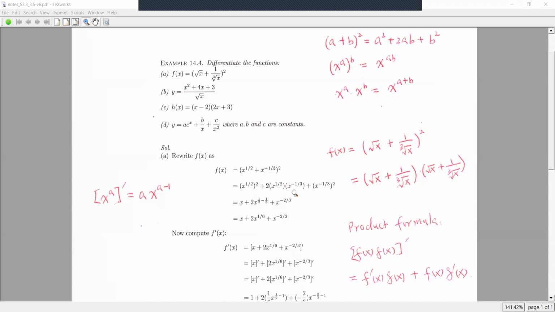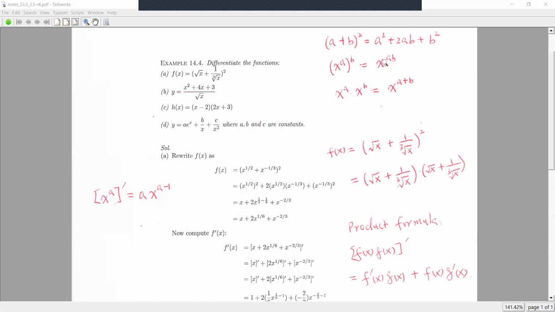Now this term, x to 1/2 times x to -1/3. I can use this formula to simplify it. By this formula, this product is x to 1/2 minus 1/3, plus this term, x to -1/3, then square.